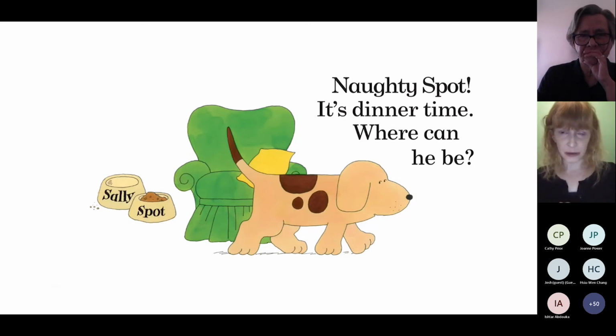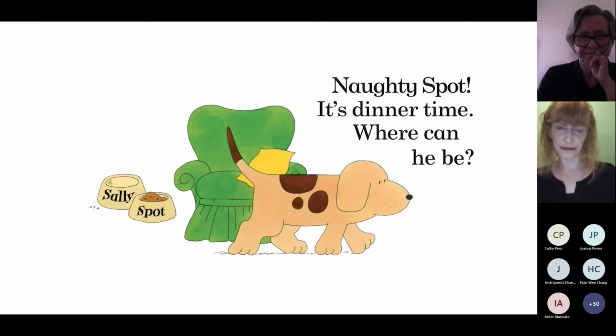The other thing I was thinking that we could say about this is, she's said, where can he be? So we might be thinking about what's appropriate to the child's language level, but for maybe a slightly older child, you might be asking a question like, what do you think Spot's mum is doing? She's walking.